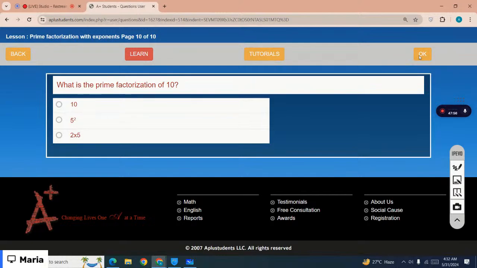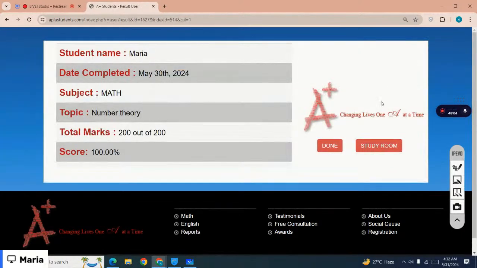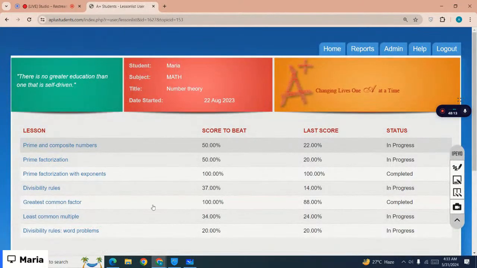We are done with the lesson. Let's just move on to the next lesson, and the next lesson is divisibility rules.